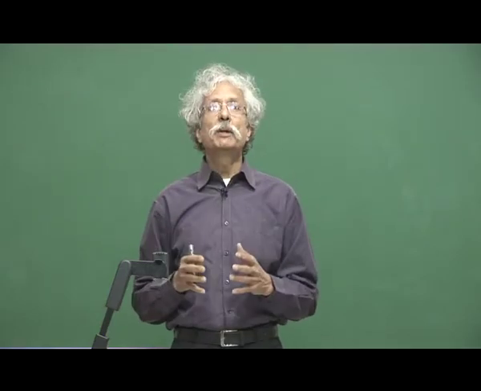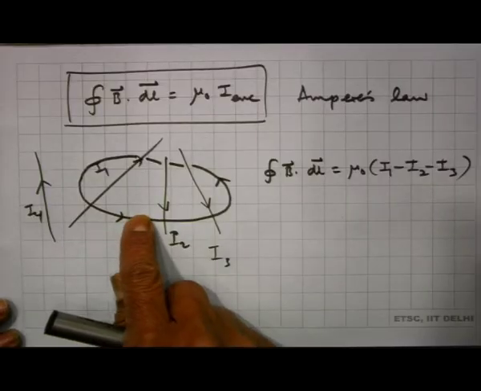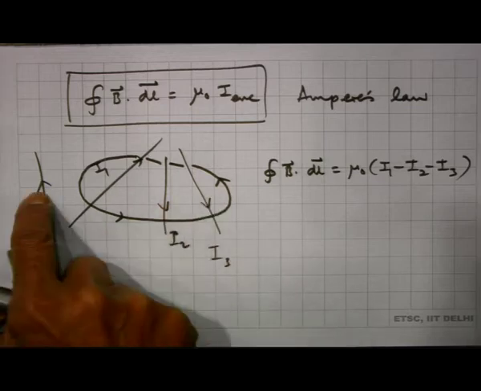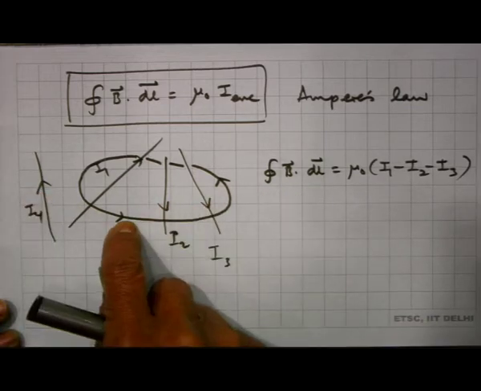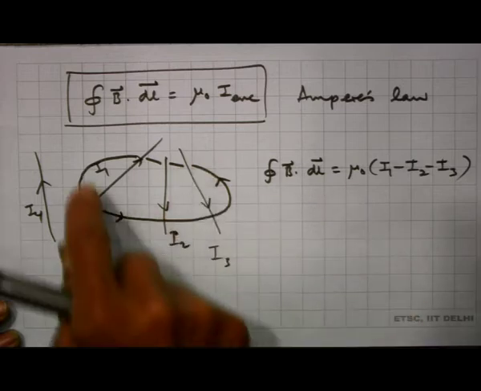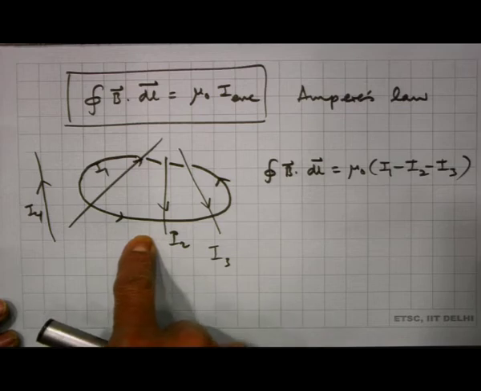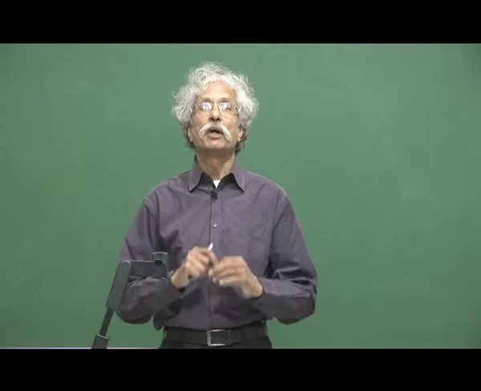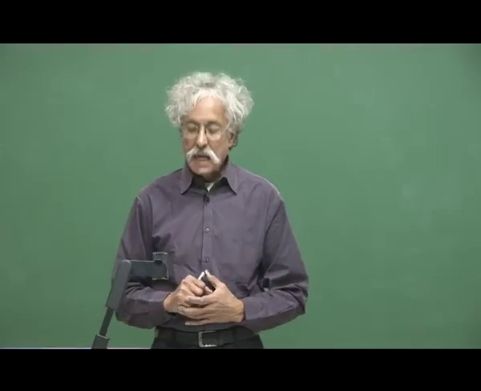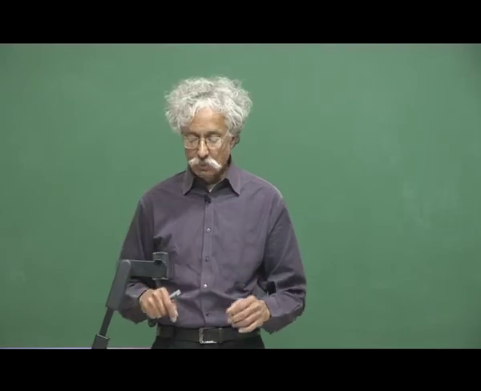Similarly, the magnetic field produced at any point, for example in this figure, is because of currents I 1, I 2, I 3 and I 4, but when I integrate B dot dl, the only currents that contribute to the integral value are the 3 currents enclosed by this loop. So, please do not forget that magnetic fields at any point are generated by all currents. In Ampere's law, in integral B dot dl, only the currents which are contained within the loop contribute to this integral value.